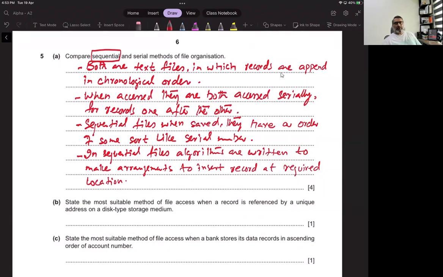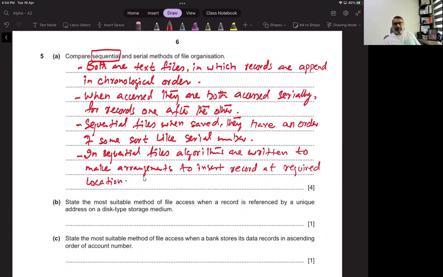When accessed, they are both accessed serially for records one after the other. Sequential files, when saved, they have an order of some sort, like serial number. In sequential files, algorithms are written to make arrangements to insert record at the required location.